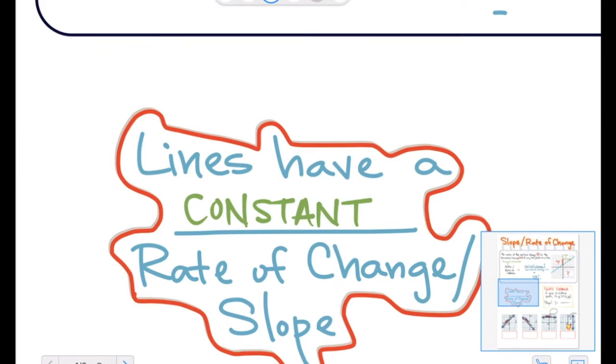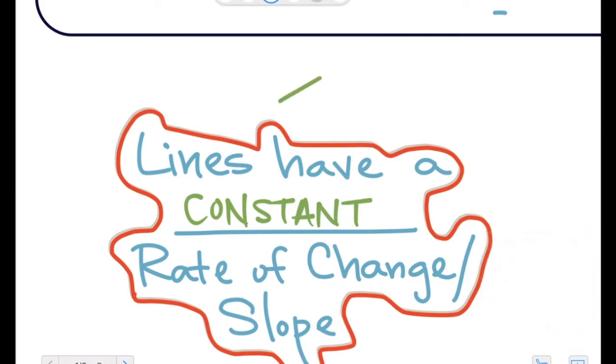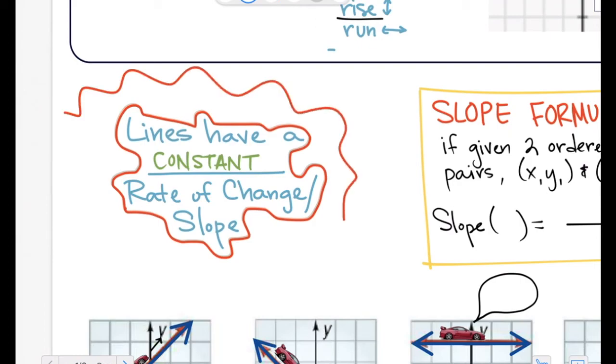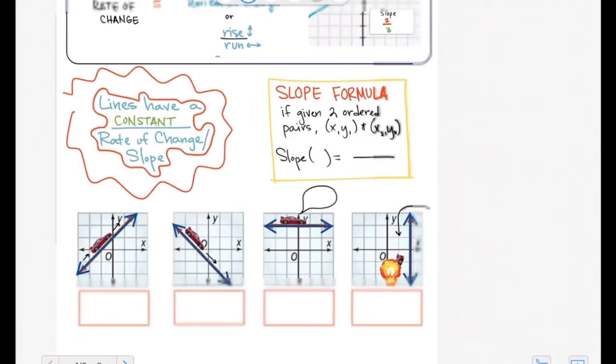Think about it. If your slope was like this, and then it started speeding up, if whatever is changing in your scenario started going faster or changing faster, then your line would get steeper. And now it would no longer be a linear function. So in order for a function to be linear, it must have a constant rate of change. So highlight that, star it, do something to help you remember that lines must have a constant rate of change.